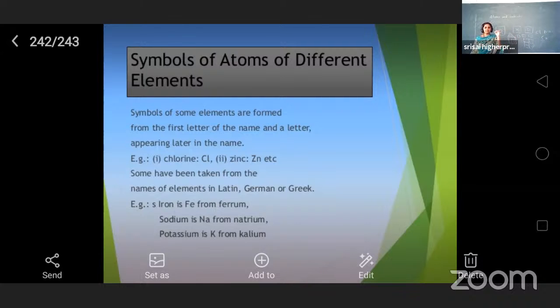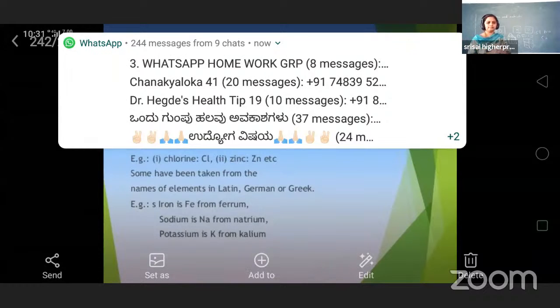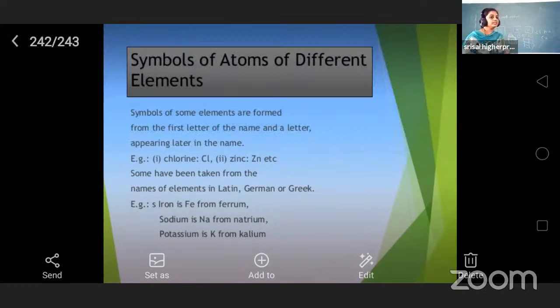Right? Some symbols have been taken from the names of elements in Latin, German, or Greek. These elements are named from those languages. For example, iron is Fe, from ferrum. Chlorine is Cl, sodium is Na, calcium is Ca.